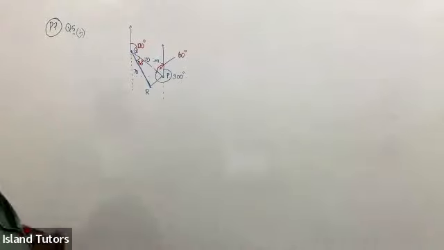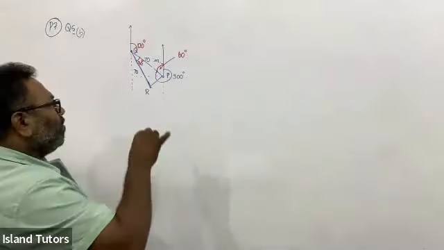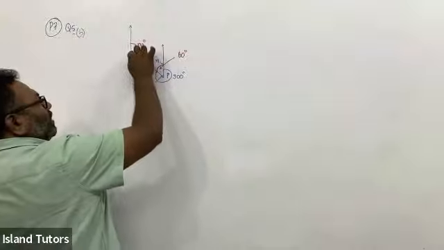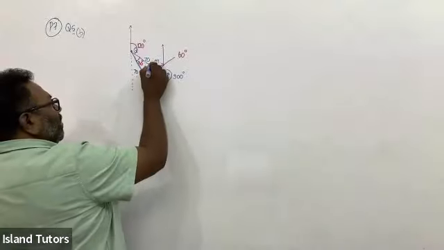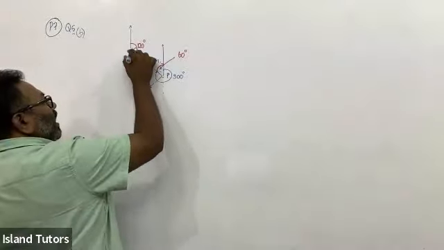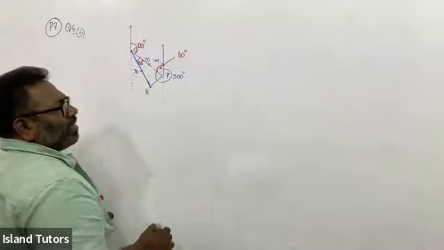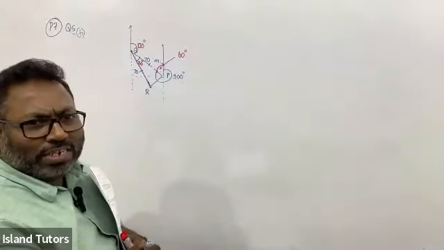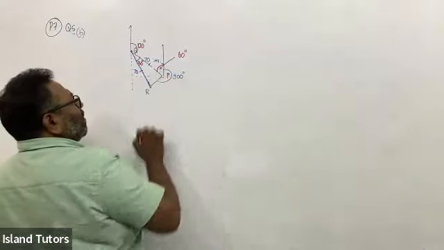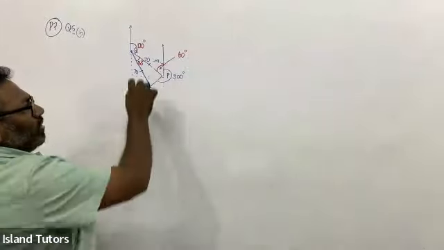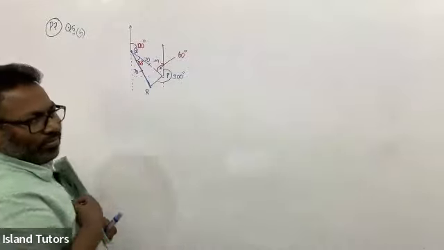Now just quickly look at the diagram. Look at this triangle. This is 30 degrees, 70. This is also 70. So more or less, this is an isosceles triangle, isn't it? And we know this angle is 30 degrees.